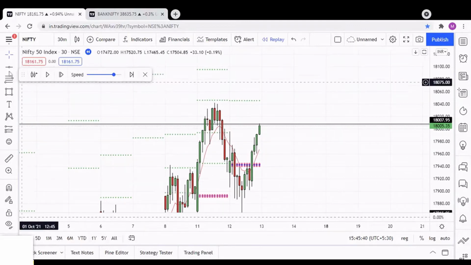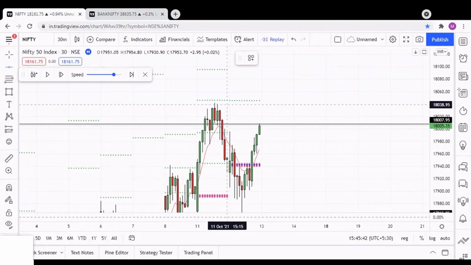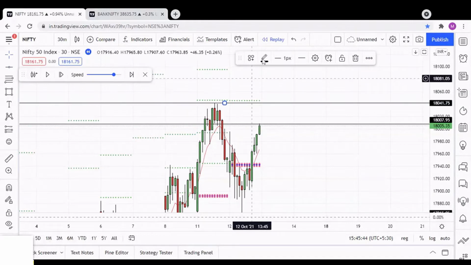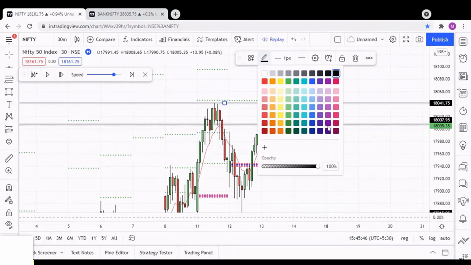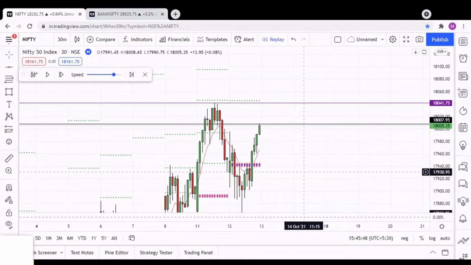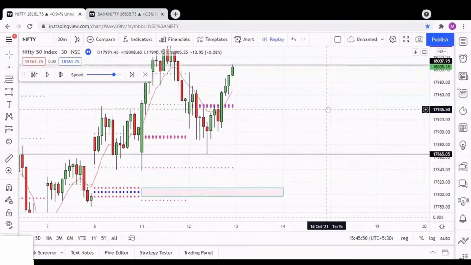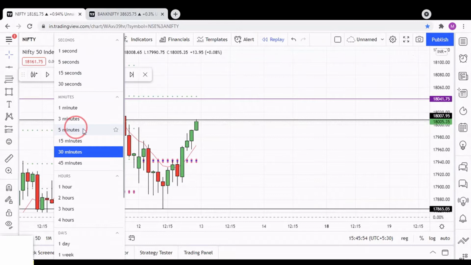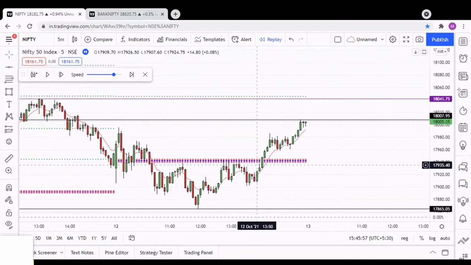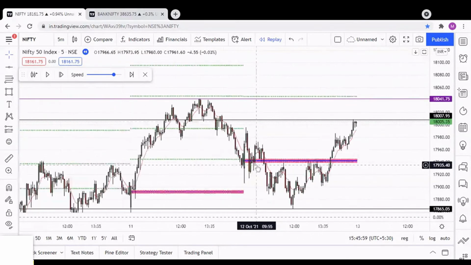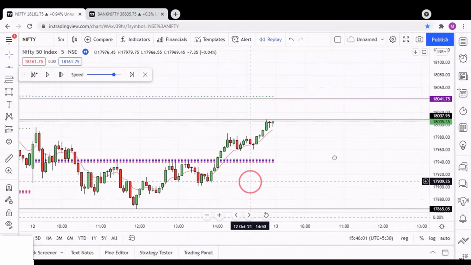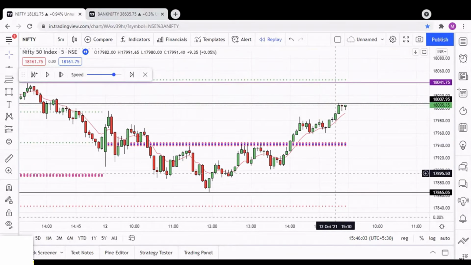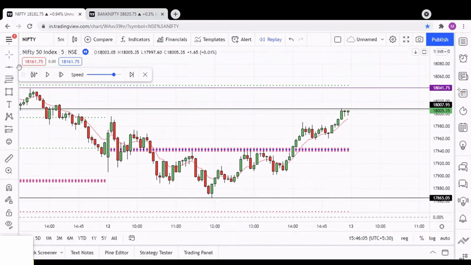Okay, this is swing high. This is swing high. Okay, we have marked the important support and resistance. Let me play the candles now.